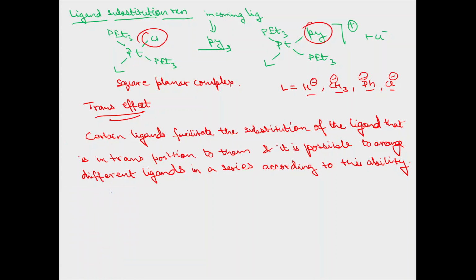So in that series, this PEt3 is better than Cl for this effect, but what will happen in this case is platinum, PEt3, L, Cl, PEt3. Now this Cl comes towards the end in this series.